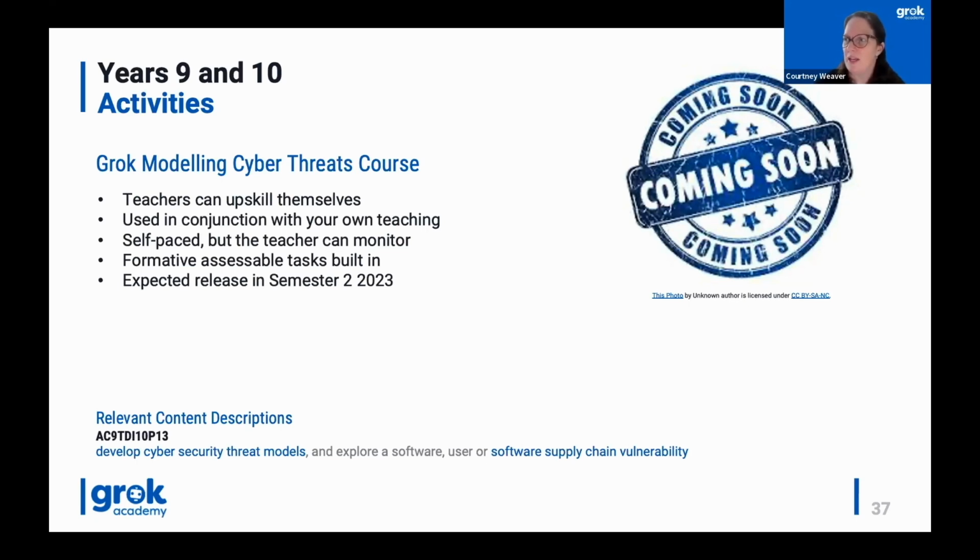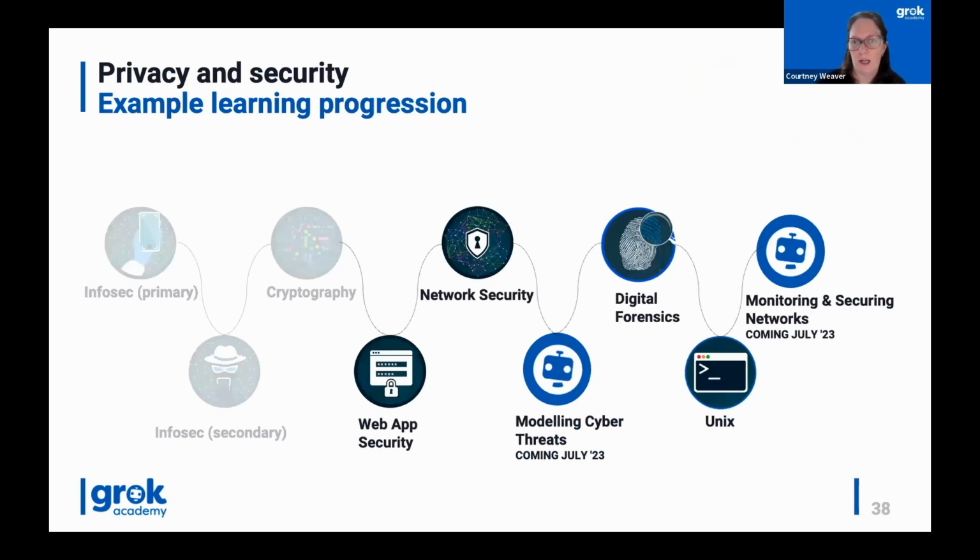students. So these 3 courses are all part of a learning progression that Drew mentioned earlier. So in years 7 and 8, they might have done the InfoSec and the cryptography course.